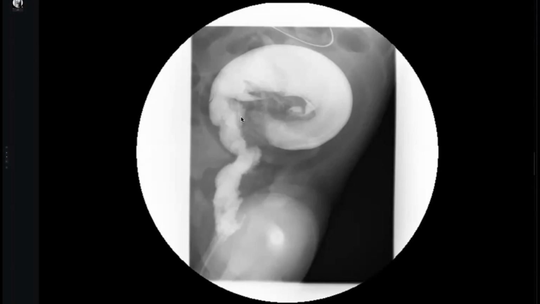This is called an aganglionic segment. My diagnosis is Hirschsprung. I will transfer the patient to pediatric surgery. Doctor, it almost needs a surgical correction. You smashed the case in 4 sentences.